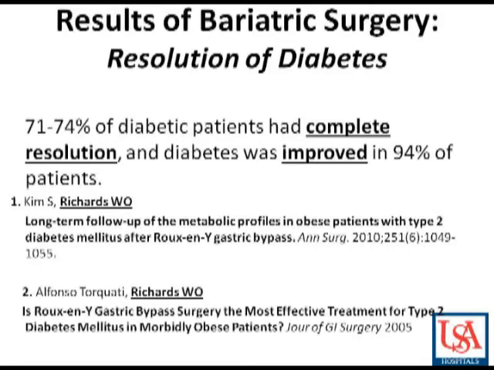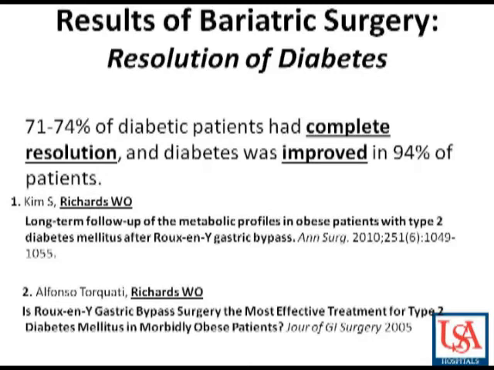Their diabetes went away. In other words, we have a surgical treatment for type 2 diabetes that is much more effective than any medical treatment because it completely goes away. Okay? And was improved in 94% of the patients. Okay?